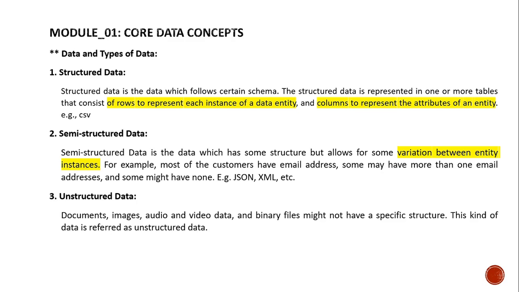The next one is the semi-structured data. So semi-structured data allows some variation between entity instances. For example, JSON, XML files, etc. And these examples are very important from exam perspective, because they will provide you some examples like JSON, XML, and you will need to separate them into the structured data, semi-structured data, or unstructured data.